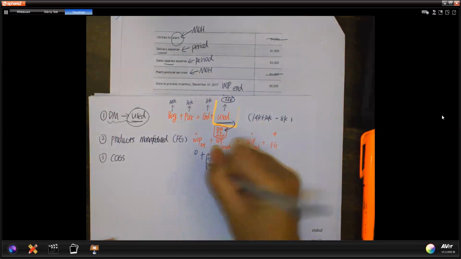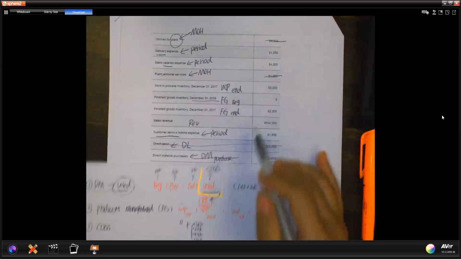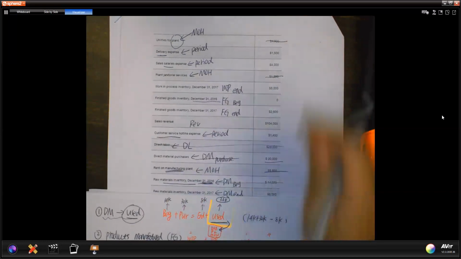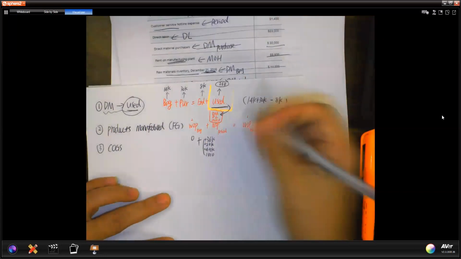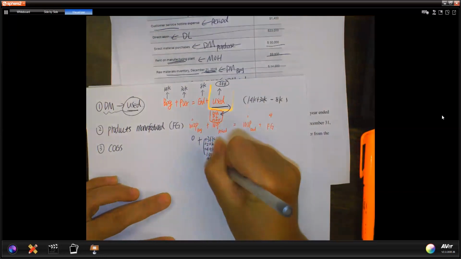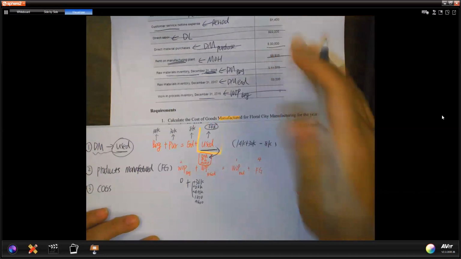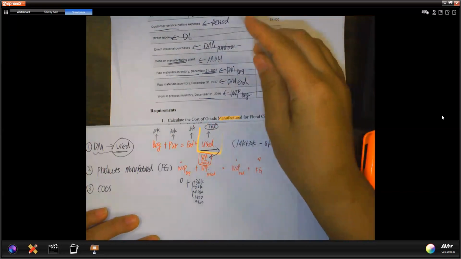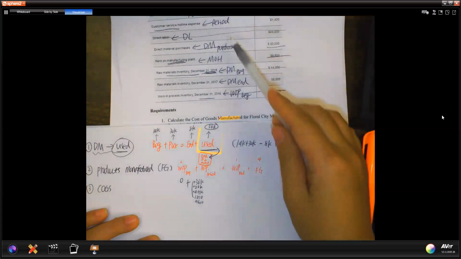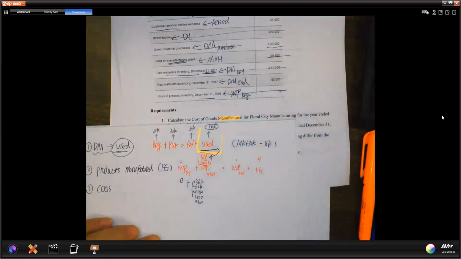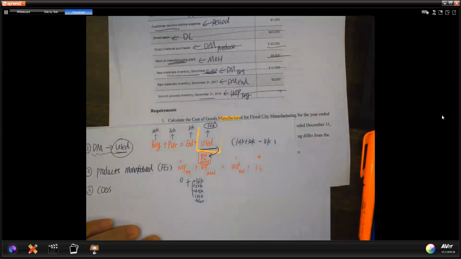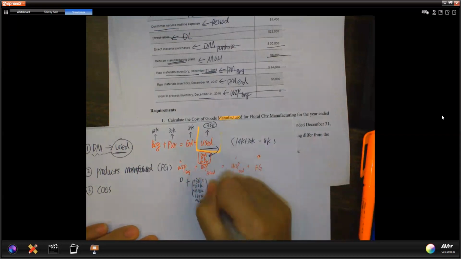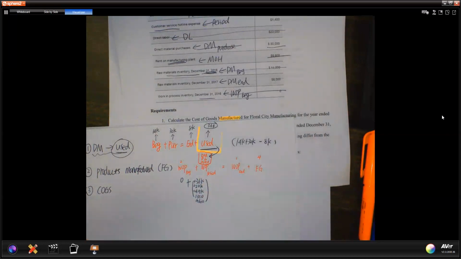We used manufacturing overhead 9,600, and then 1, 2, 3. So yes, we have 3 parts of the manufacturing overhead. So if you add all this, that's all the cost we incurred during the period.